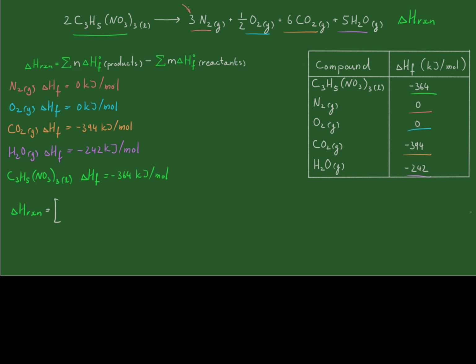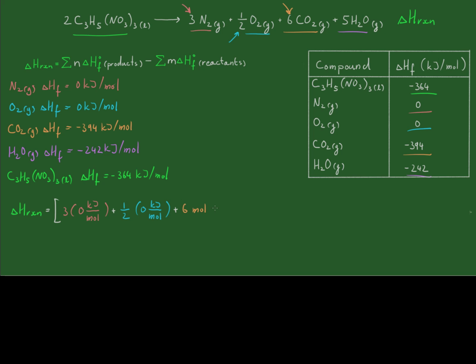So number of moles of nitrogen, which is 3, times the enthalpy change, sorry, not the enthalpy change, the enthalpy of formation for nitrogen, which is 0 kilojoules per mole, plus half a mole of oxygen times 0 kilojoules per mole, plus 6 moles of, and I should actually write mole, of carbon dioxide.